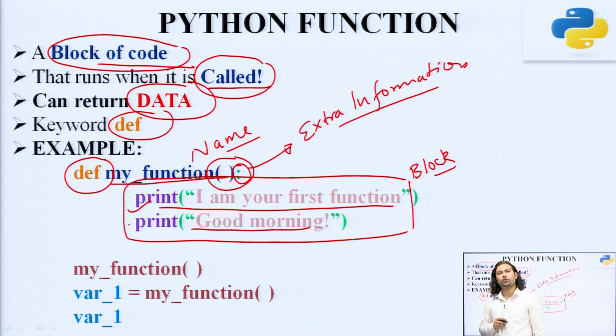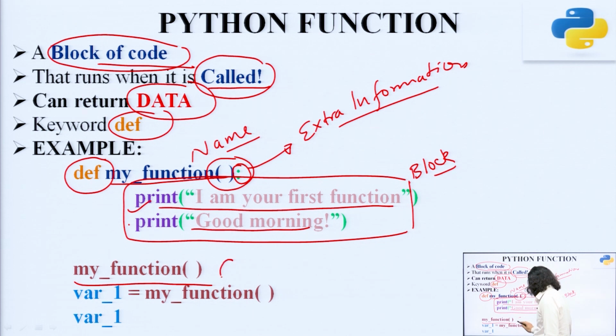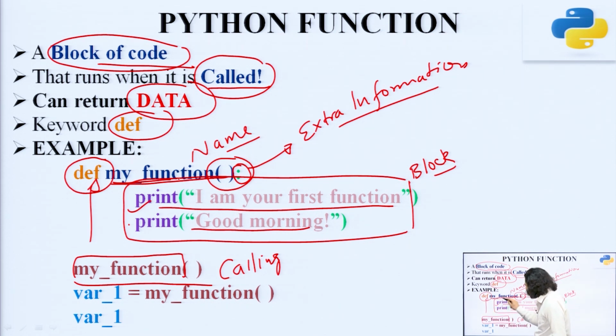Now we are going to call the function. How are we going to call it? Look at this statement. This is the calling statement. In this calling statement you can see my function, which is the name defined in the definition of the function, used as it is, followed by the parenthesis.